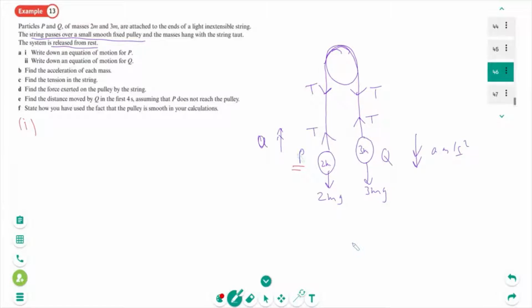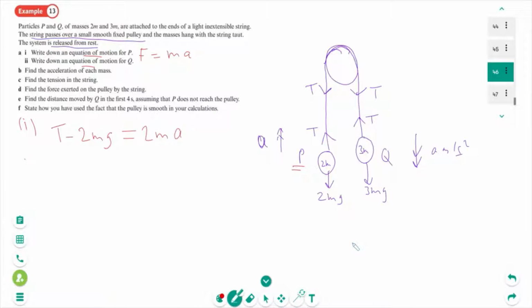Motion is upwards, so the resultant force on particle P will be T minus 2mg, and that is equal to the mass times acceleration. Remember, I need to do resultant force equals mass times acceleration for each particle separately. So T minus 2mg is equal to the mass, which is 2m, times a, which we don't know.